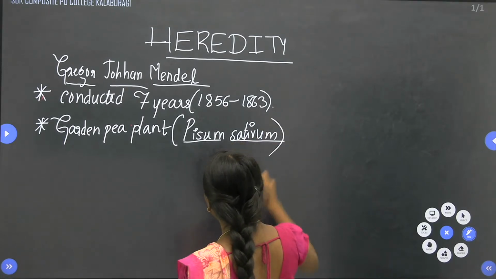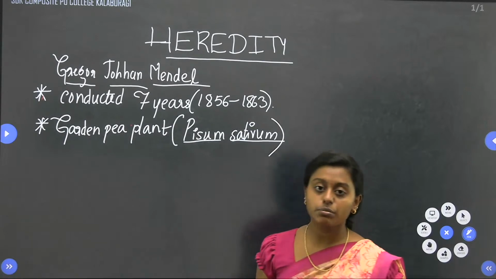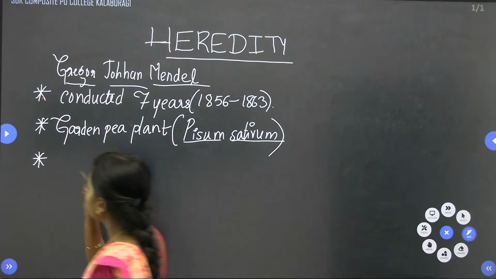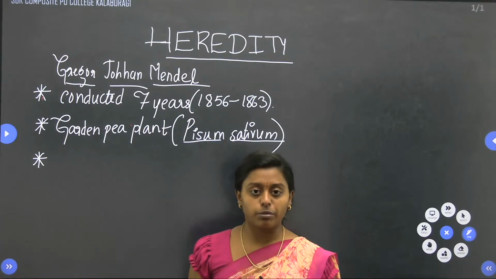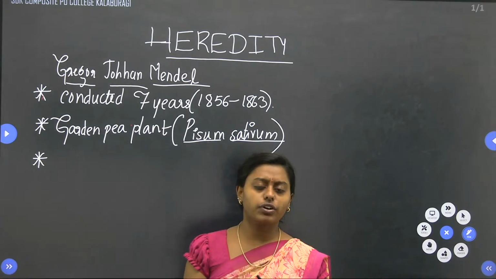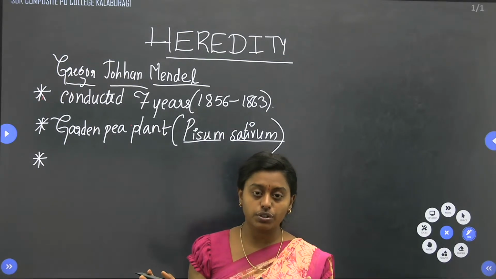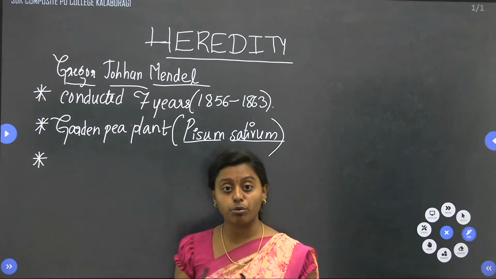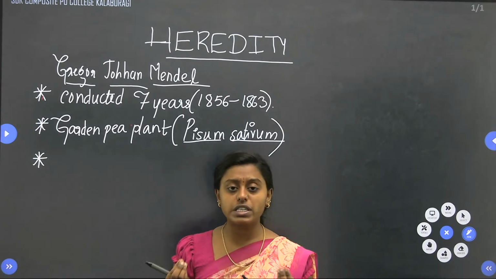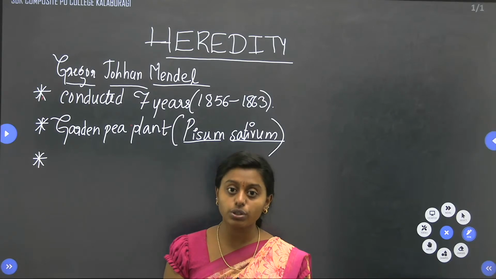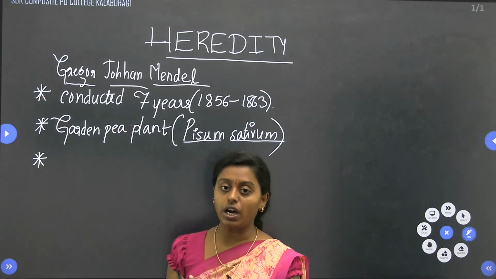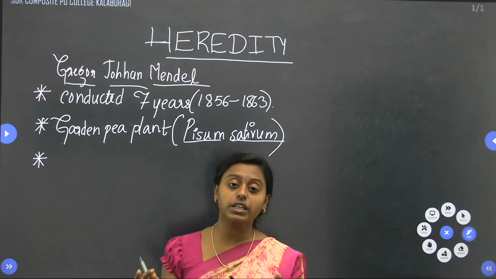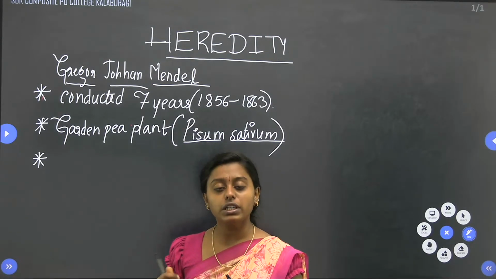While conducting the experiment, he considered different types of characteristic features because the pea plant had the ability of self pollination and it was also very easy to cross pollinate. So he chose the garden pea plant and observed that there were different varieties in the pea plants.